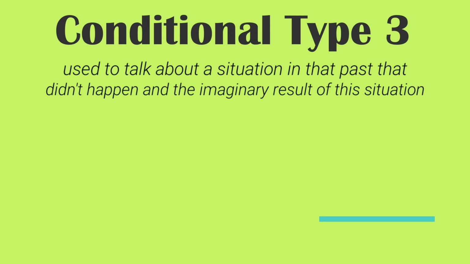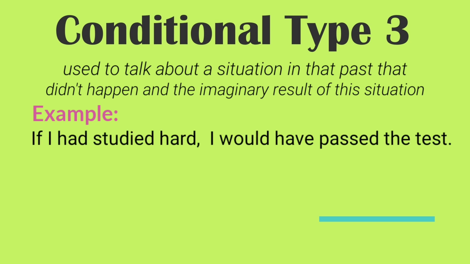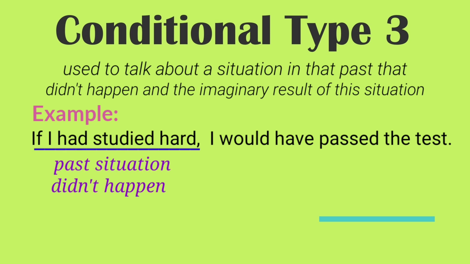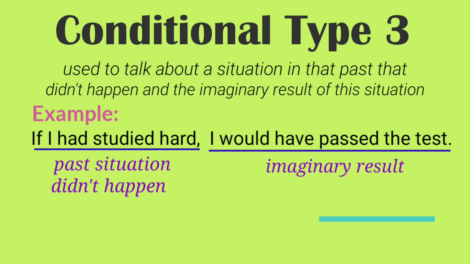Let me illustrate this through this example. If I had studied hard, I would have passed the test. Here, if I had studied hard is your past situation that did not happen. I would have passed the test is what you've imagined would happen if you had studied hard.